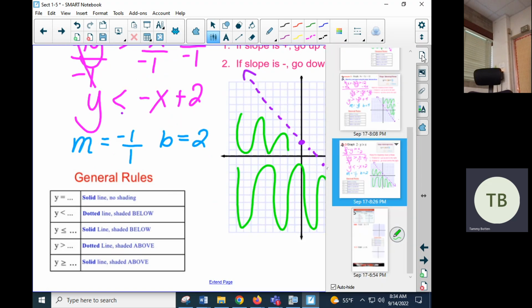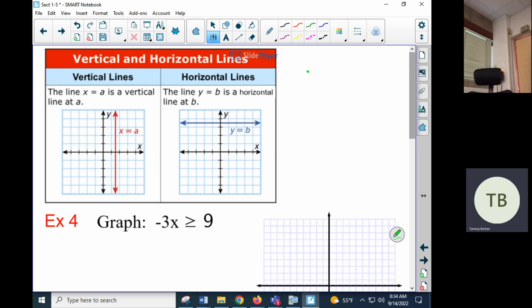All right. So here is something that we may have learned in Algebra 1 that you likely forgot by now. If you are ever given a line, like let's say it's x equals 4, when you have to graph a line that's x equals, what you would do is go on your x-axis to where x is 4, and you're going to do a vertical line.